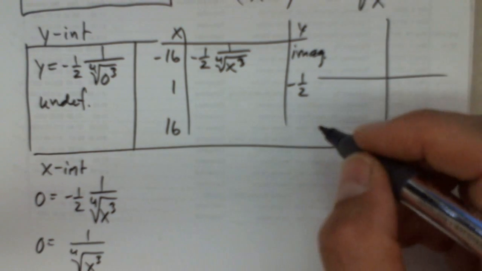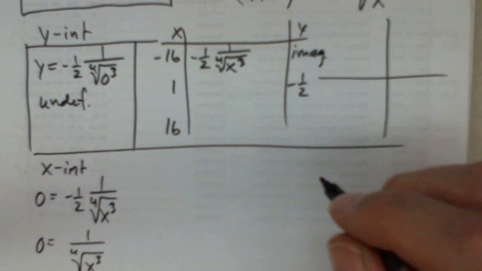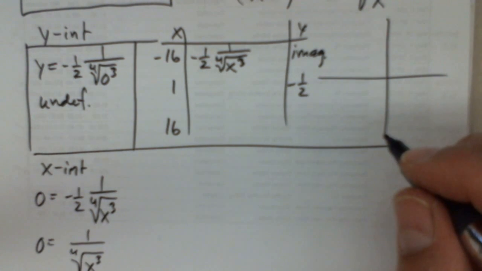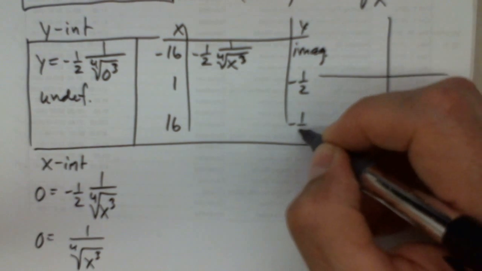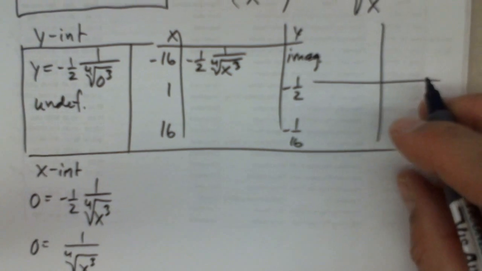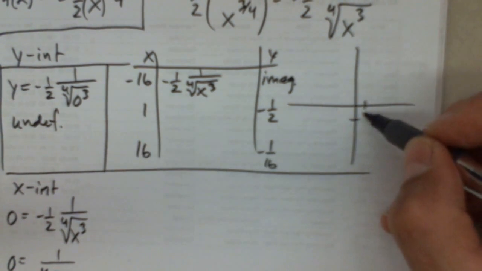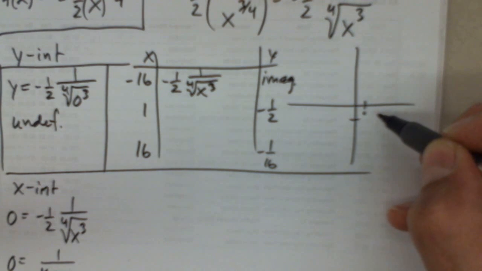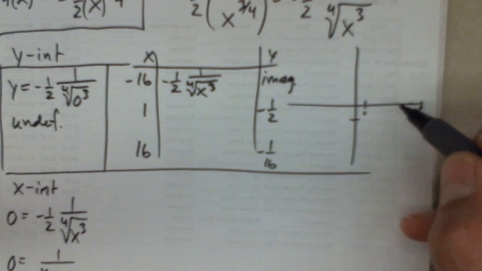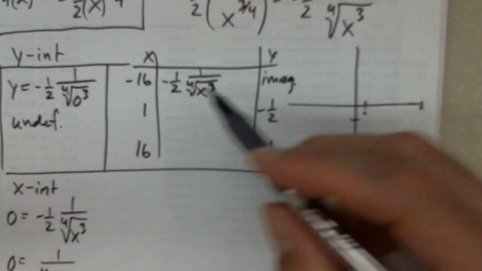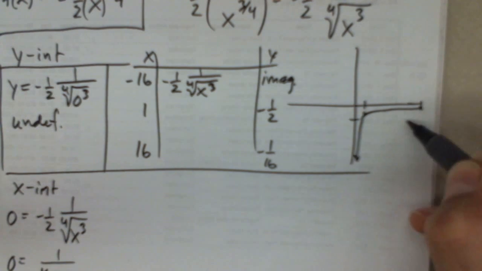Plug a 16 in, and we get negative 1 over 16. So at 1, we go to negative a half. At 16, we go to negative 1/16. It's undefined at the y-axis, and the graph is going to do this.